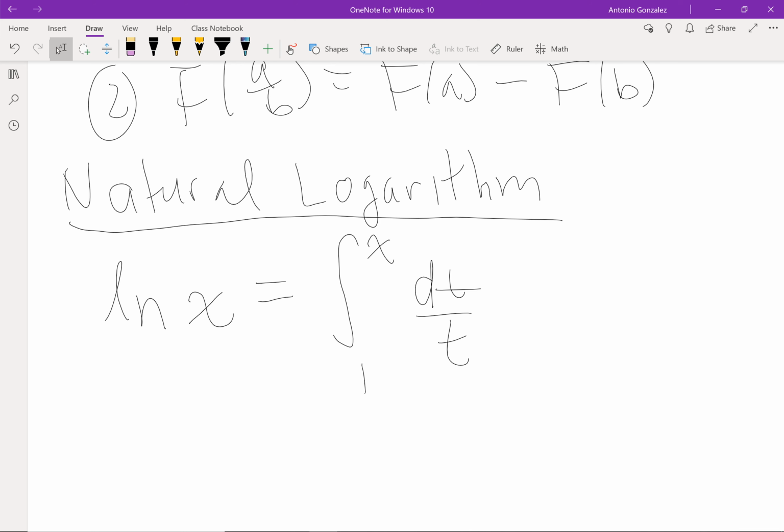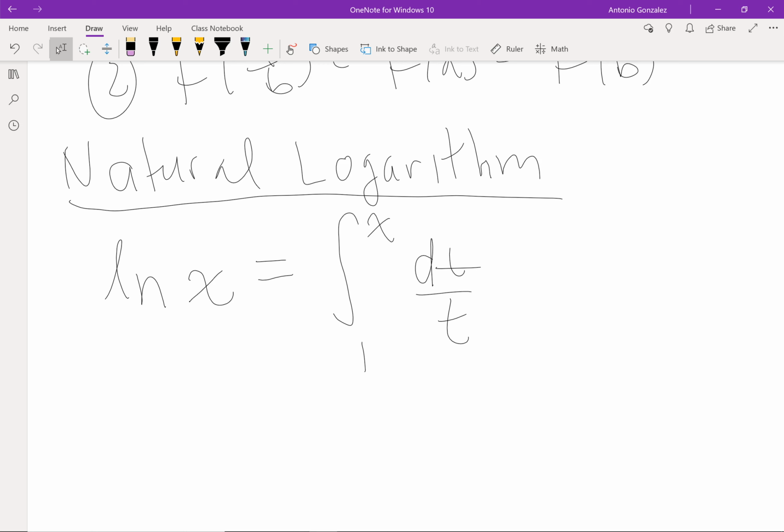Well, in fact, there is really one logarithm, this being the natural logarithm. Any other logarithm that you work with is simply a ratio of the natural logarithm. And we'll see why that's the case as we move along in this section. Now again, this function is defined for x greater than 0. So that is the domain.